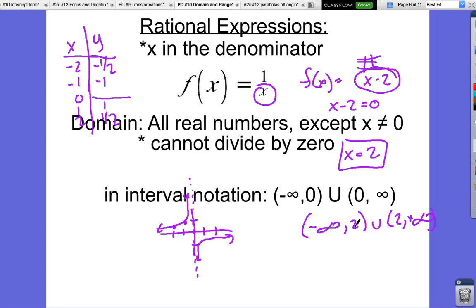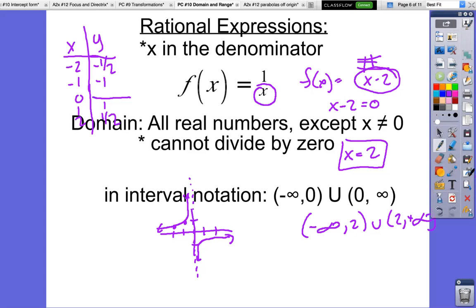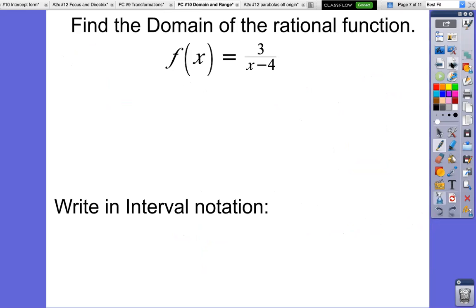Now, you don't necessarily have to worry about the graph, and I'll show you why here in just a minute, because you have your graphing calculators, and I'll show you how to do that in just a second. So find the domain of the rational function. Again, do I care about what's on top at all?